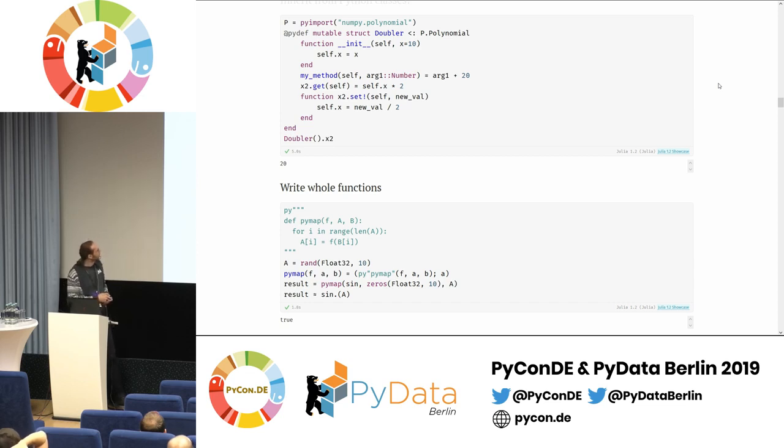And you can even write whole functions with this kind of string macro here. This will immediately execute this in Python and define this PyMap. So that's just a very simple function. It maps this function f over the array b and writes the result out to a.